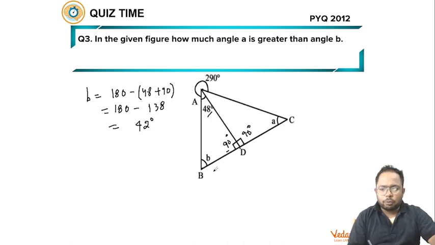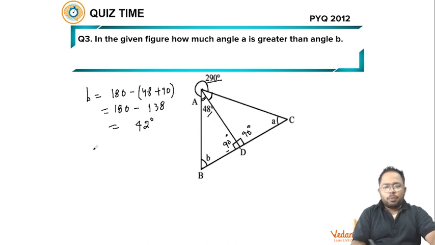B value is 42. Now we also have to find the A value so that we can get how much A is greater. Alright, now you can see here that this reflex angle is 290 and this one is 48 degree. We can get this angle as a complete angle, 360 degree.